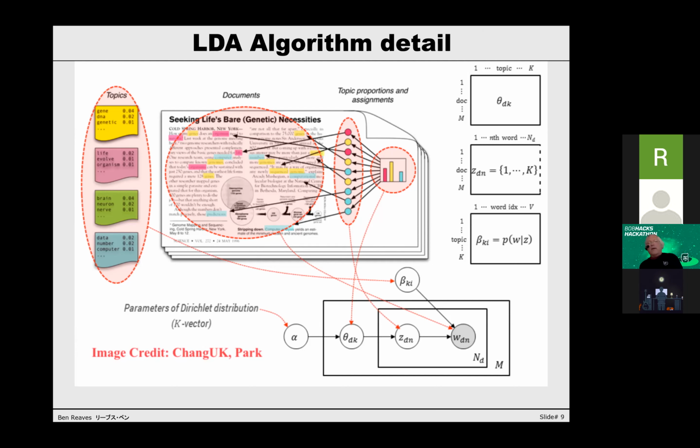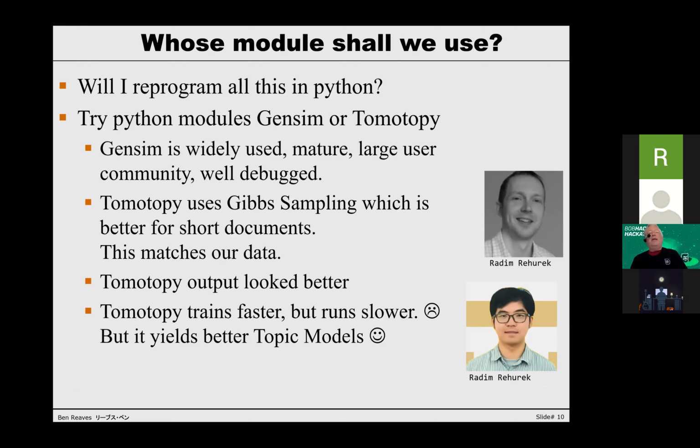So we're going to rewrite this in Python, right? No way. It would be slow and it would be full of errors. What we want to do is use a module that somebody else has already made to do all this stuff. And fortunately, this LDA algorithm is popular enough that there are some good modules to do it.